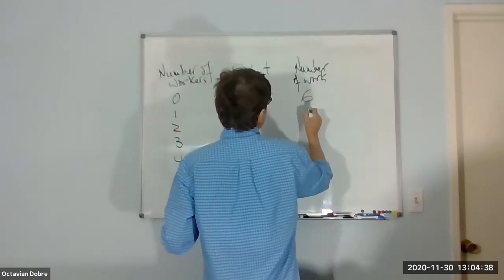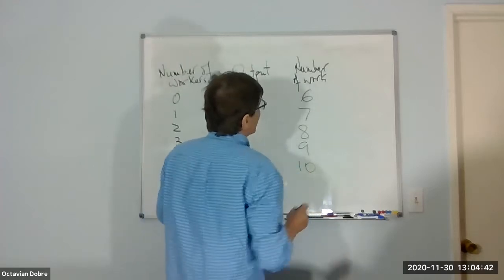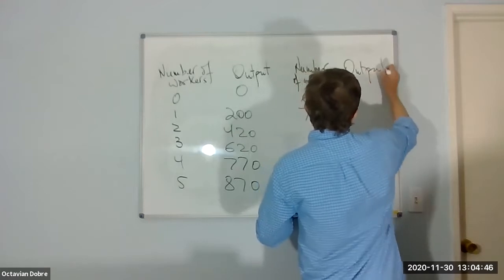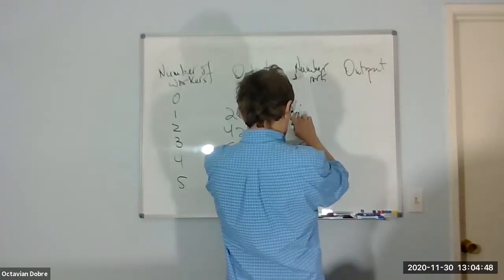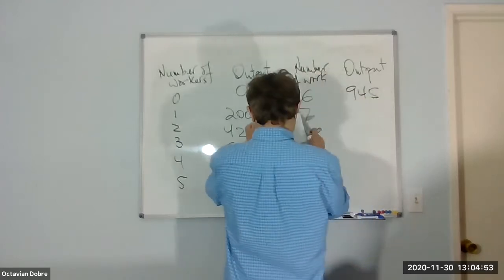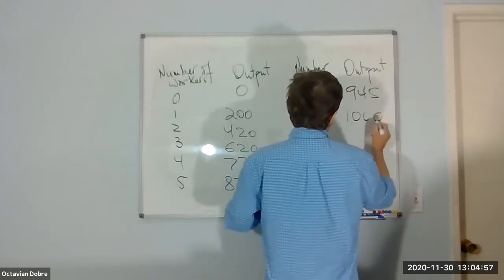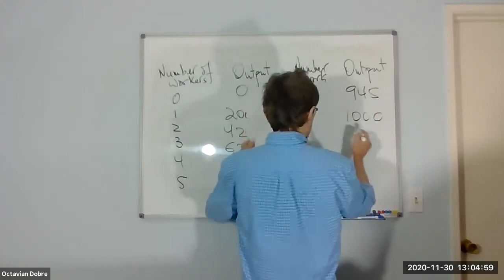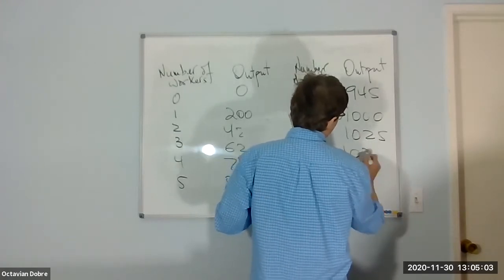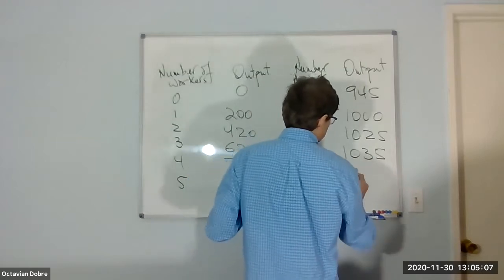So 6, 7, 8, 9, 10. And output: 945, 1,000, 1,025, 1,035, and 1,040.